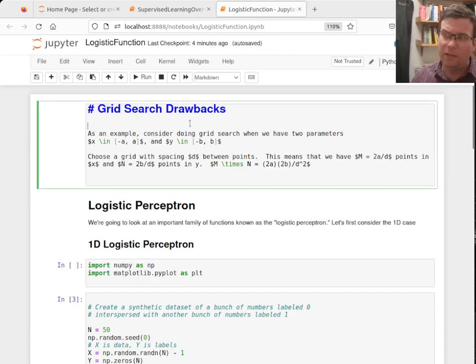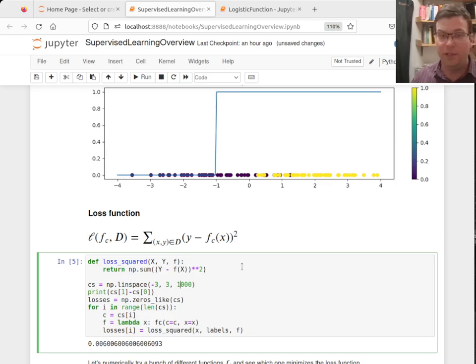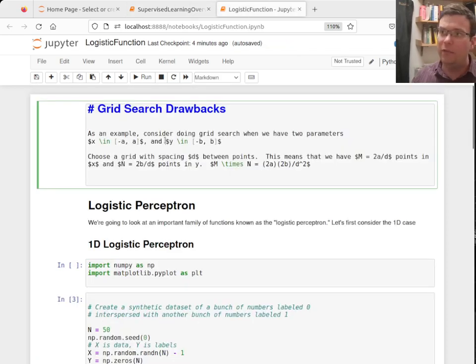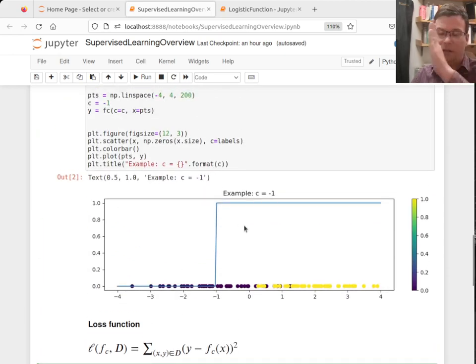But it does have some drawbacks. And really, it's when the space of functions is too big in some sense. When we have too many functions to consider, we're going to have to search through too many things. So even if I just go up a dimension and consider a grid over some function that has two parameters, not just one, like here we had the c, which is shifting this thing left and right. But we could have two parameters. You can imagine a two-dimensional version of this sort of thing, where I had points in the Cartesian plane, and I was trying to divvy off some region where I was greater than some x or less than some y, right?